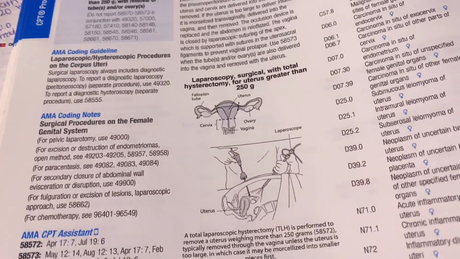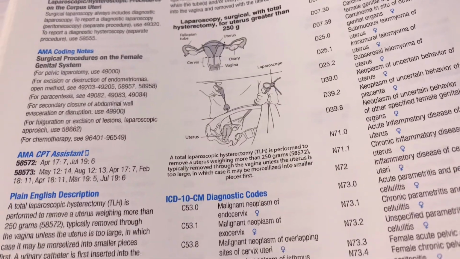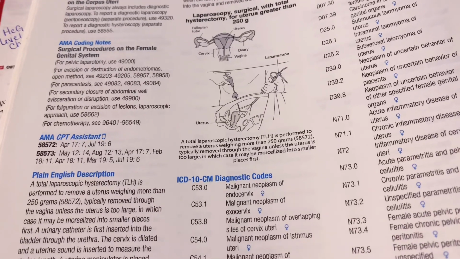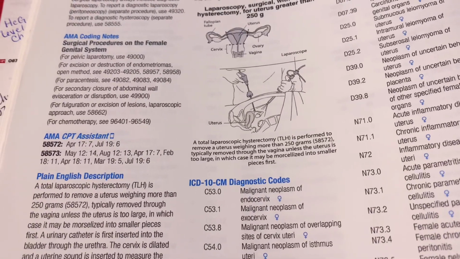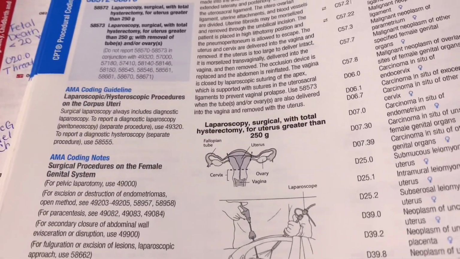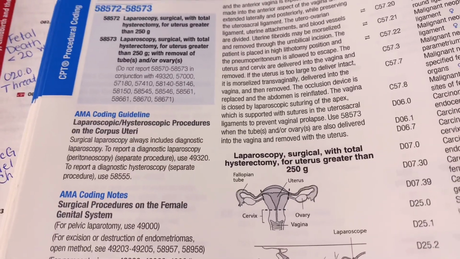because he had to remove the fibroids in order to get the uterus out. So because the purpose for the surgery was to remove the uterus, whatever he had to do to get it out would be included. So I'm not billing the 58545 or 46.